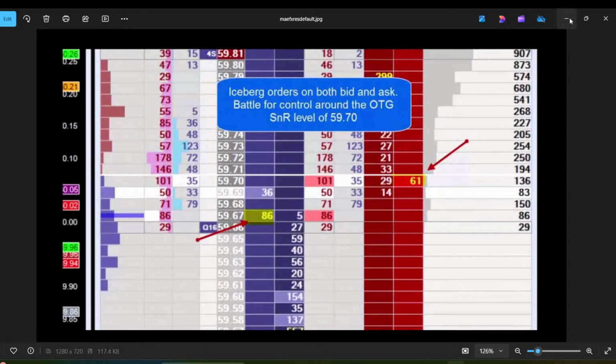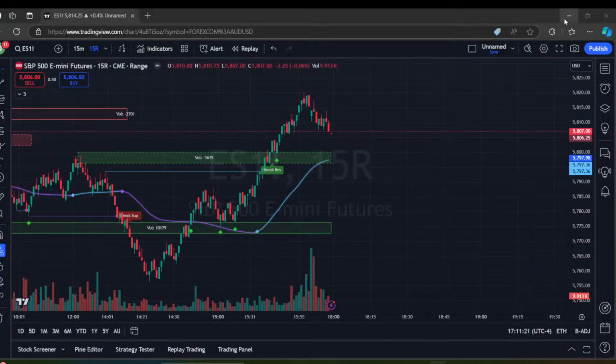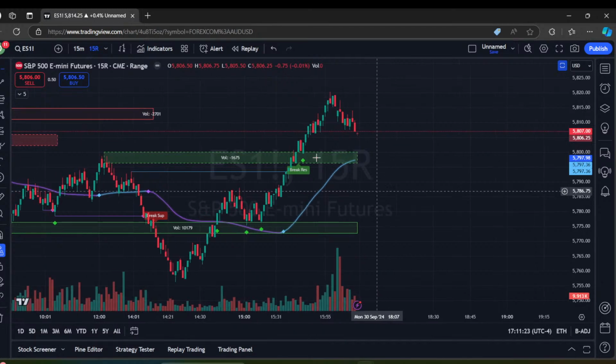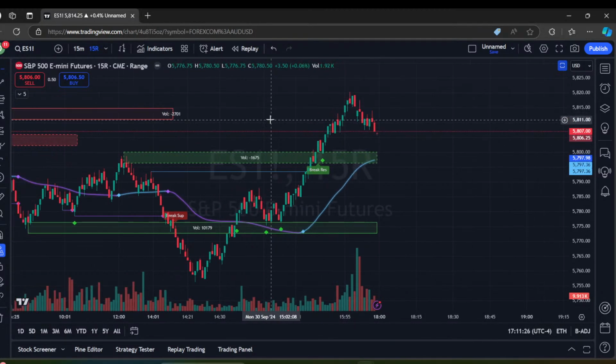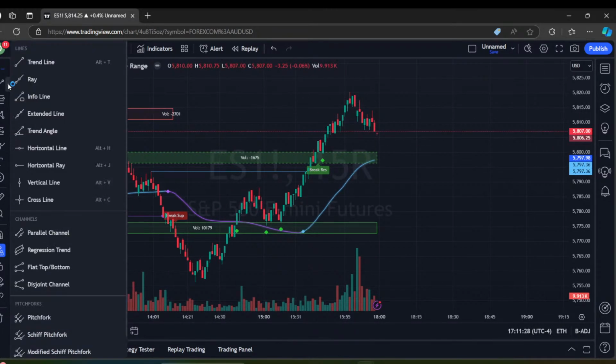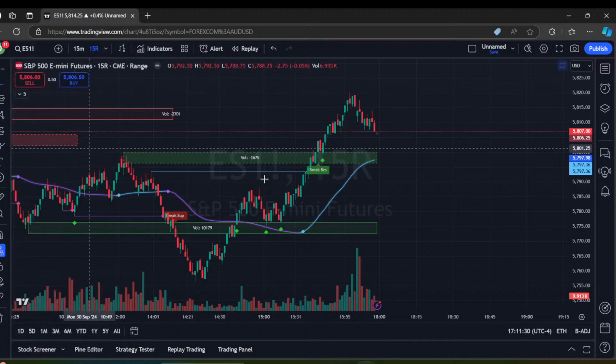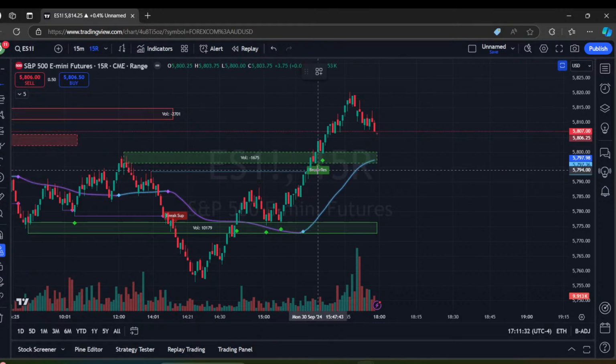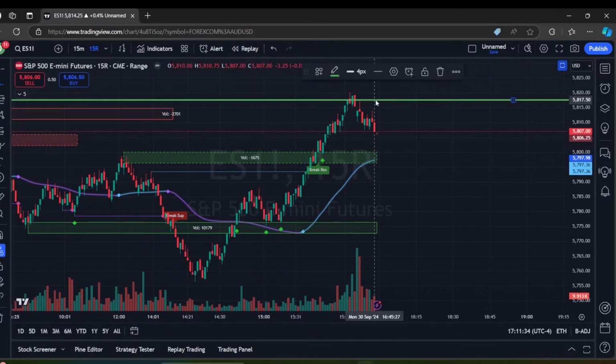Iceberg orders. We're going to be trading iceberg orders. We're going to be looking for inefficiencies in the markets. So my strategy would be looking at support and resistance, breaks at support and resistance.